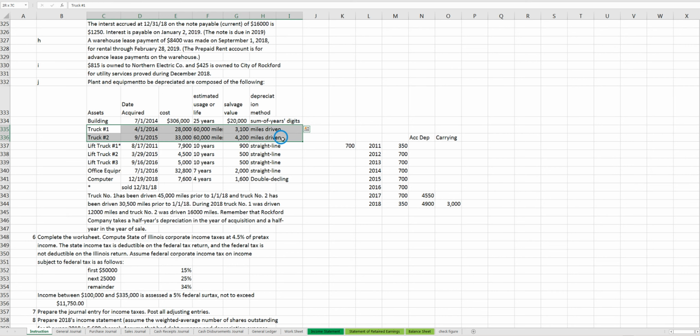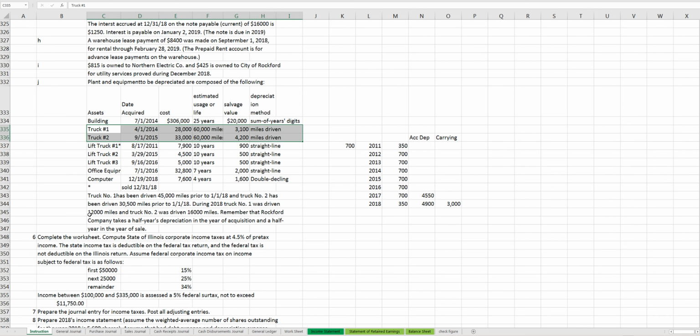And trucks are measured based on their usage, right? Actual usage. And the actual usage has been released right here.